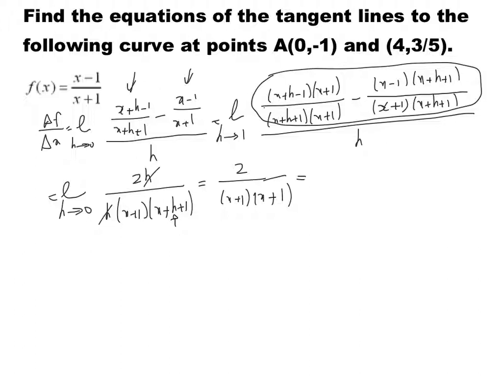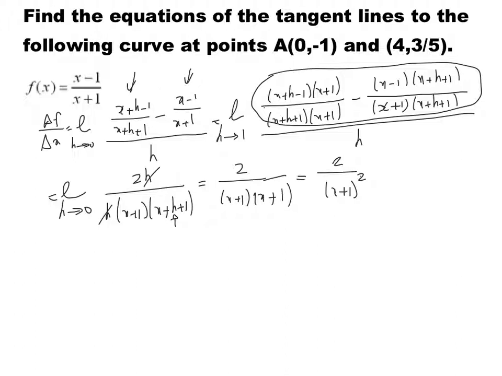And when h goes to 0, the slope or the rate of change becomes 2 over x plus 1 squared. So this is our slope now.